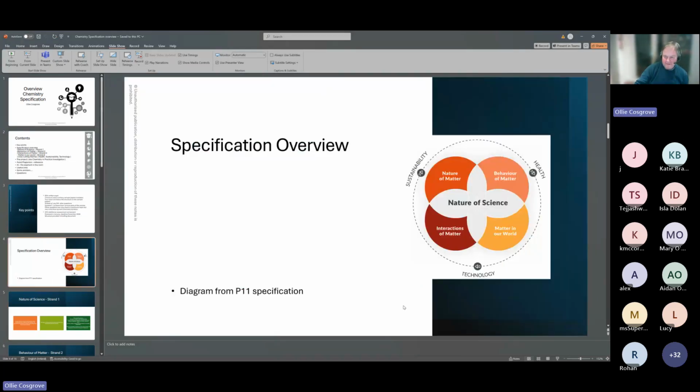We were briefly talking there about the specification overview and how the cross-cutting themes, sustainability, technology, and health act as lenses for the content, and how nature of science encompasses the whole course.